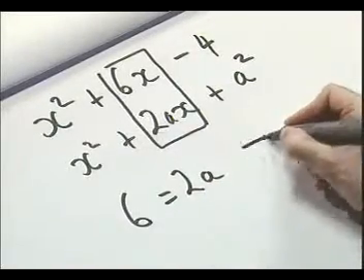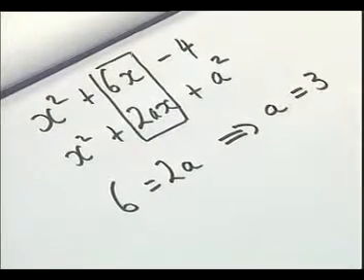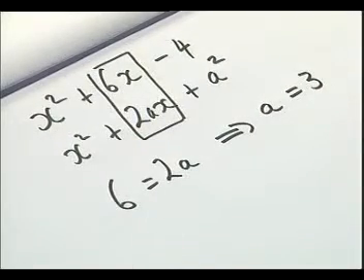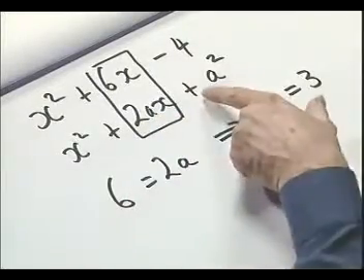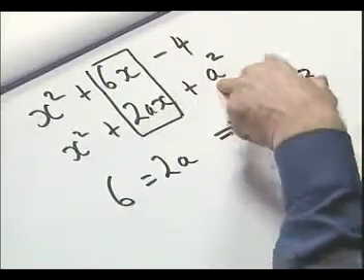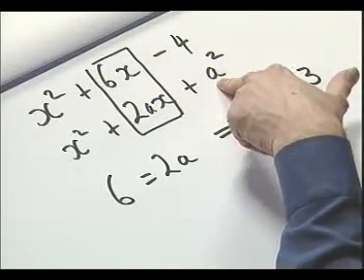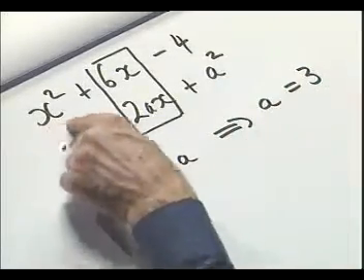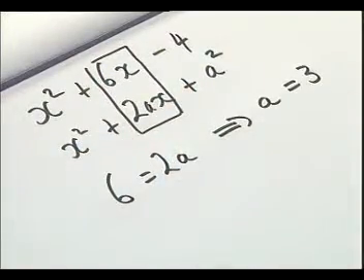And of course that tells us that a is equal to 3. So if I make a equal to 3, then I've got plus a squared on the end, plus 9. So I can look at this first bit, and I can make it equal to that.